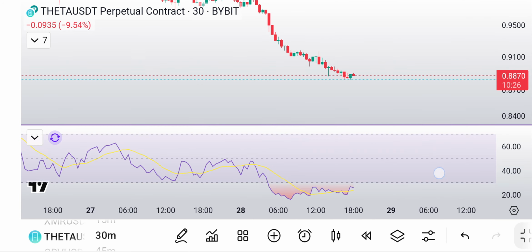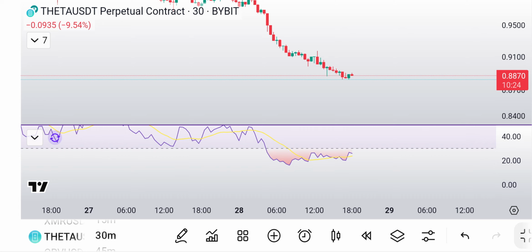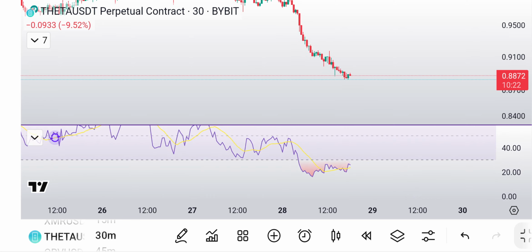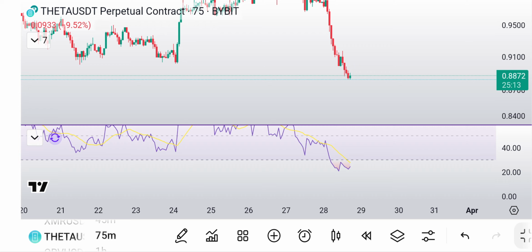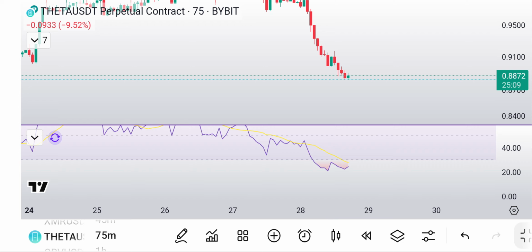All right, so let's see. We are incredibly oversold though on the 30-minute. I mean, look at that. And you got divergence, but again, divergences are just one little piece of the puzzle. I mean, they can easily take out the divergence if they wanted to, right? The way it's harder for them to take it out is the bigger the time frame.